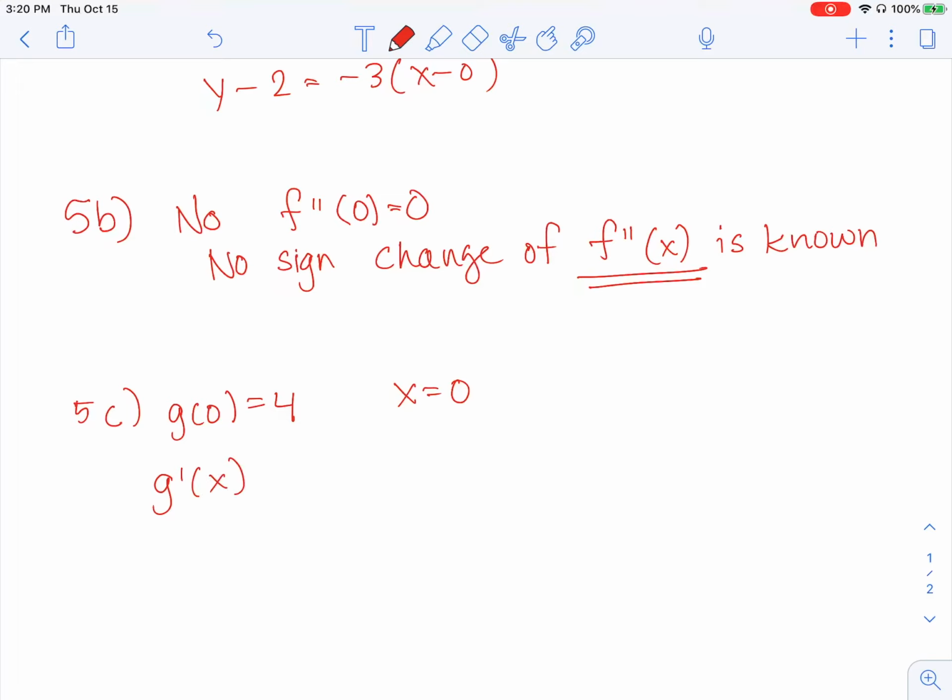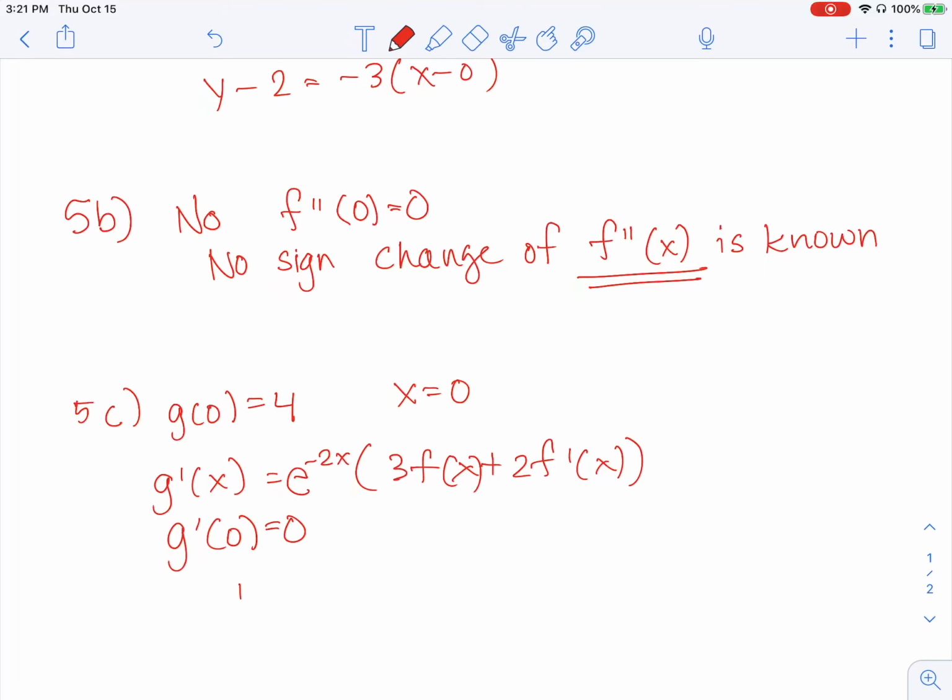They gave you g prime of x: g prime of x is e to the -2x times 3f of x plus 2 times f prime of x, which is great. So then you end up getting that g prime of 0 in this case is equal to 0. So you end up getting a horizontal line at y equals 4.